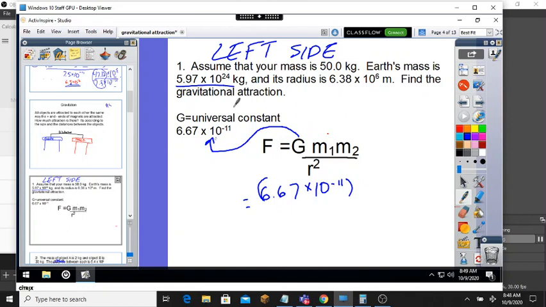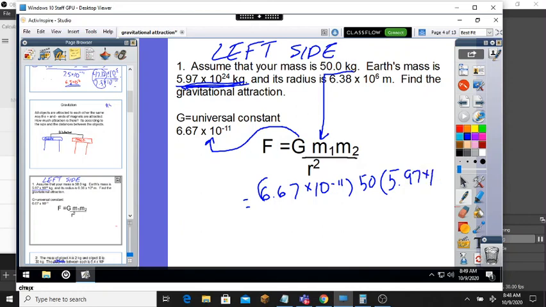So now, what we need to do is solve for how much force there is according to this object. Notice they are giving us the mass, okay? And the masses are going to be plugged here. This is our first mass, and this one right here is our second mass.